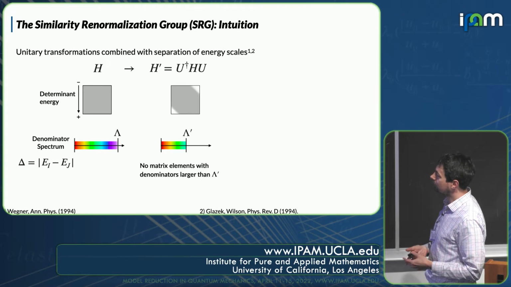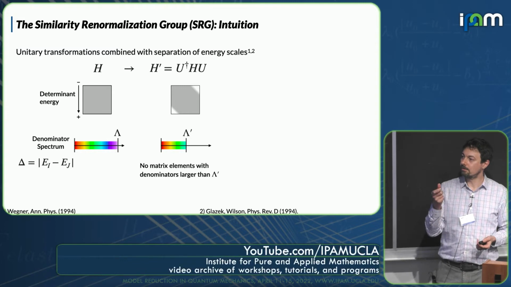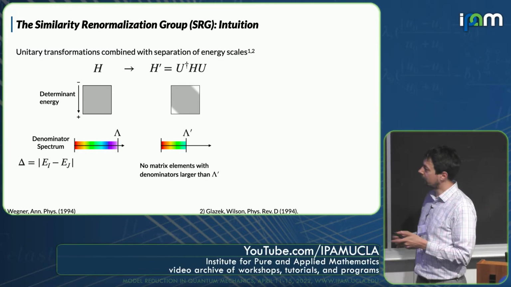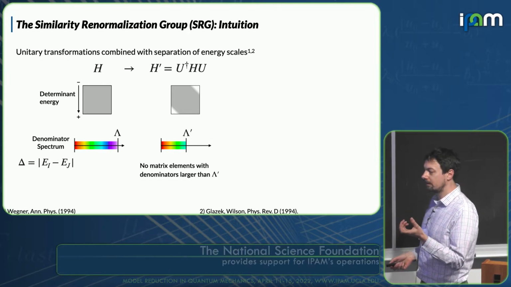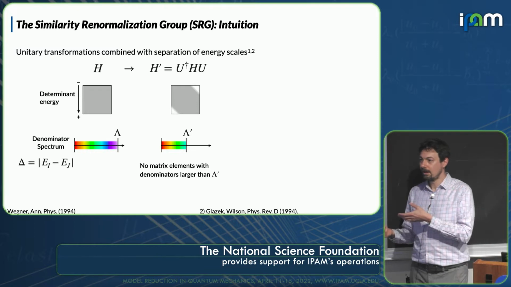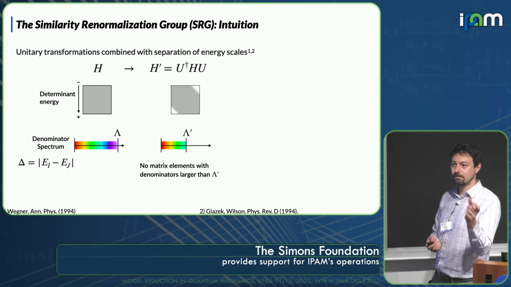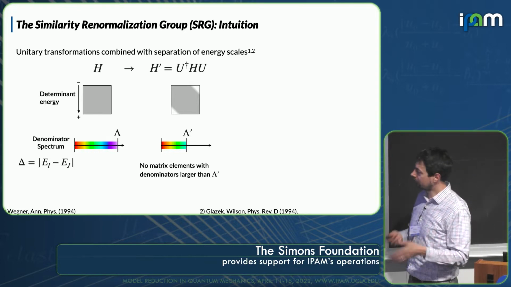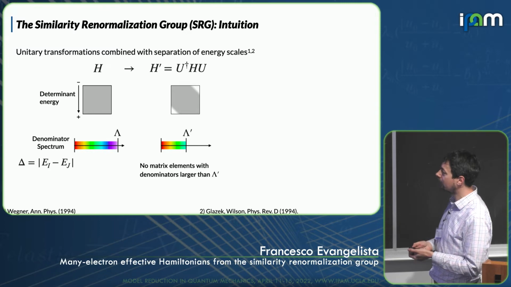And the idea is to do a series of unitary transformations where what we start to do is eliminate the degrees of freedom where this lambda is very large. So here we can think about, this is kind of the analogue of perturbation theory, where we eliminate not the degrees of freedom that have small couplings, but the degrees of freedom that correspond to large denominators. So that's a very well-controlled way of formulating perturbation theory.